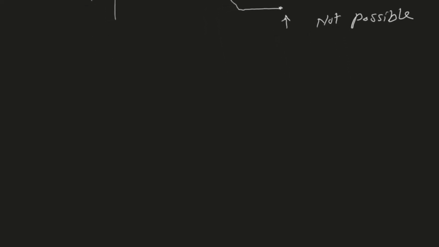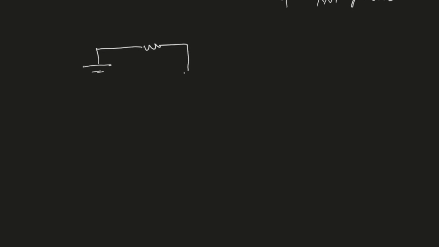Now, the second point that we want to discuss today is that a capacitor is treated as an open circuit for DC. We briefly mentioned it in the previous lecture, but let's see what we mean by this. So let's assume that I have a voltage source and I have constructed this series circuit of a capacitor and a resistor.